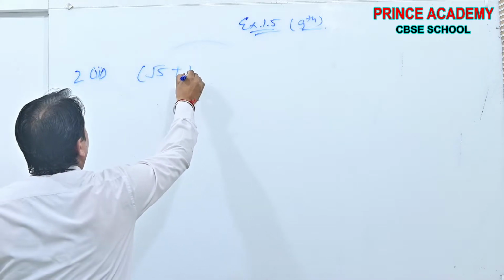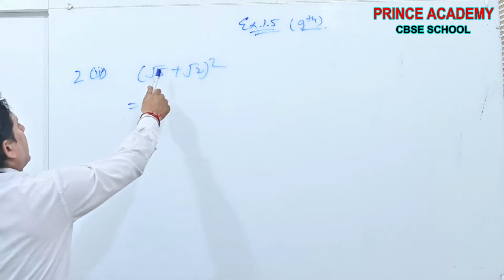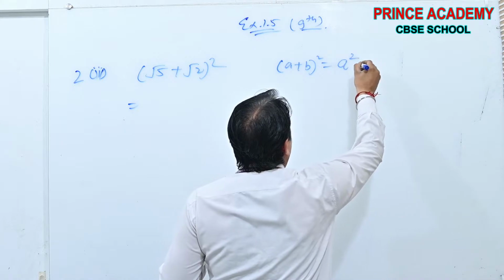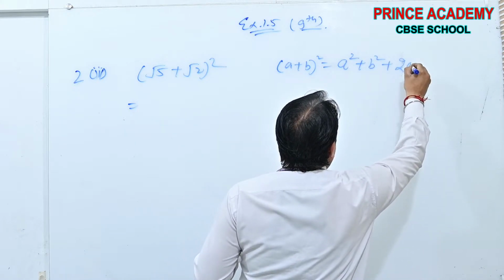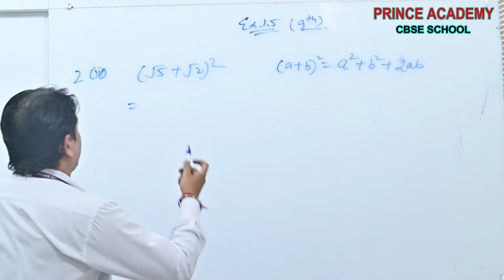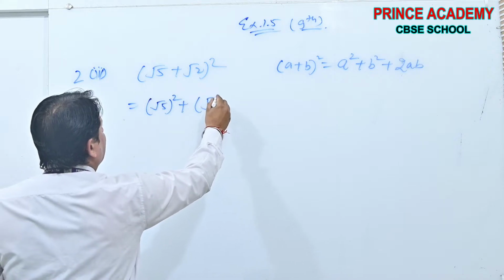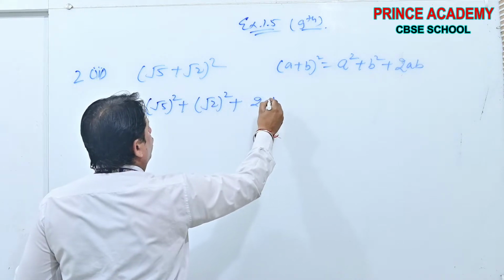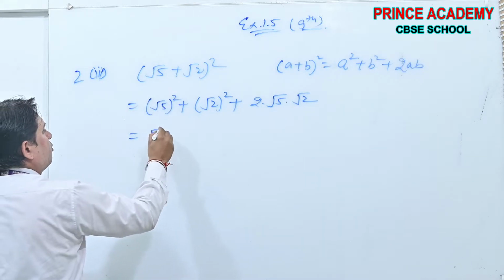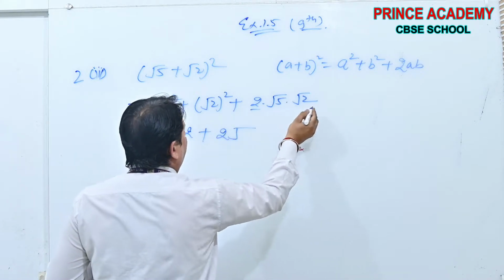If you see, a plus b whole square can be applied here. a plus b whole square is a square plus b square plus 2ab. Yes or no? a square, b square, 2ab. 5, 2, root 5 2s are 10.